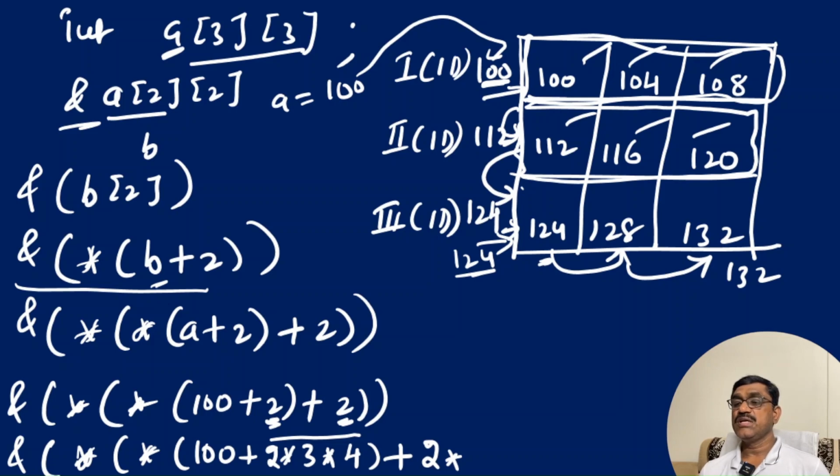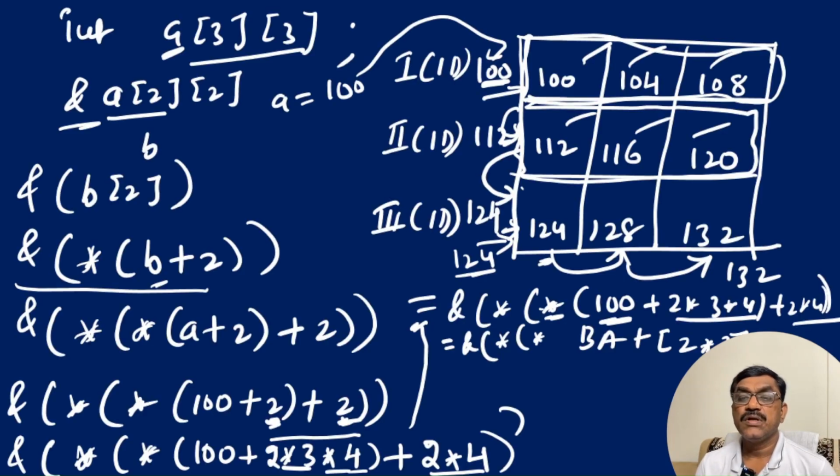But each element is going to take how much memory? 2 into 4. This 2 will be written as 2 into 4. That means the first 2 is represented as 2 into 3 into 4, that means 6 elements, 6 into 4 is 24, right? And here, from these 2 elements, 2 into each element's 4 bytes.